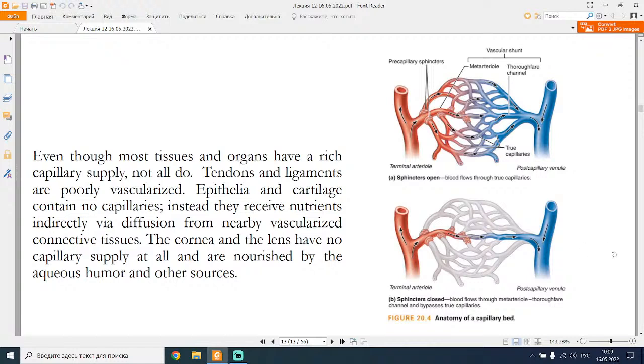Instead, they receive nutrients indirectly via diffusion from nearby vascularized connective tissue, and the lens has no capillary supply and is nourished by the aqueous humor and other sources.